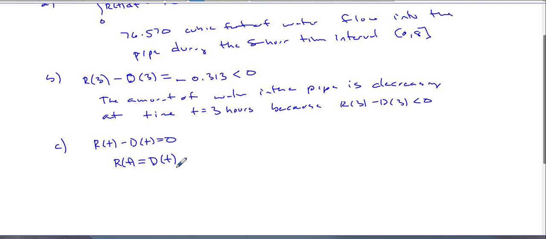So all you have to do on the interval 0 to 8 is look for when your two functions cross. That's all you have to do. Yesterday I made you guys write in y3. I made you write y1 minus y2 in y3 and look at that graph. Well, this is the easier way actually.